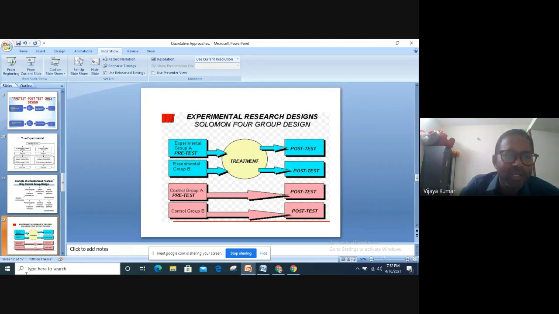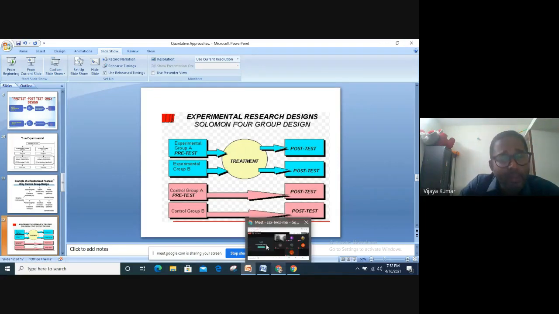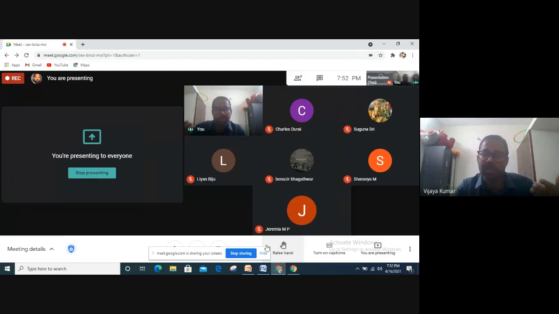Maybe another volunteer. Let us apply the Solomon 4 group design. But so far, am I making sense? Because whatever I'm telling you, this area on methods, for a new researcher, it will usually bamboozle them.